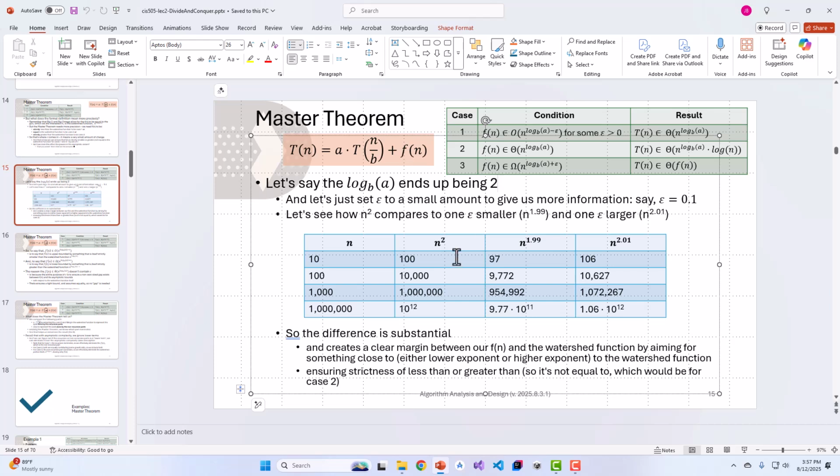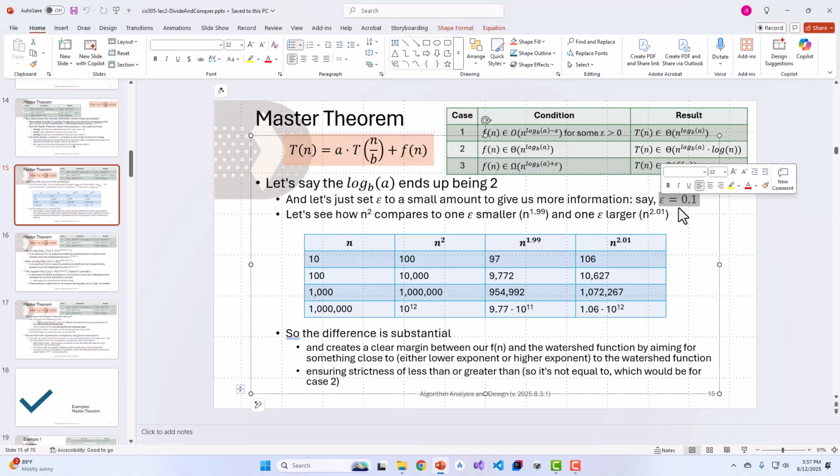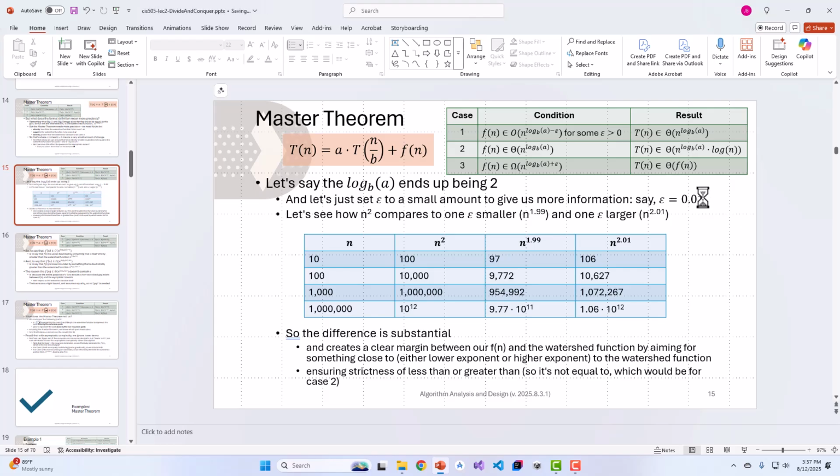And let's see how n squared, if you just use the watershed directly, n to the power 2, compares to if you reduce it by this amount or increase it by this amount, that 0.1, or 0.01. That's supposed to be 0.01, isn't it? Sorry, that was off.